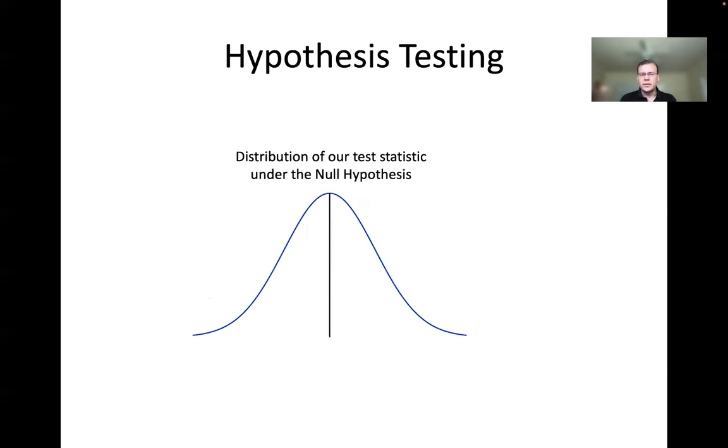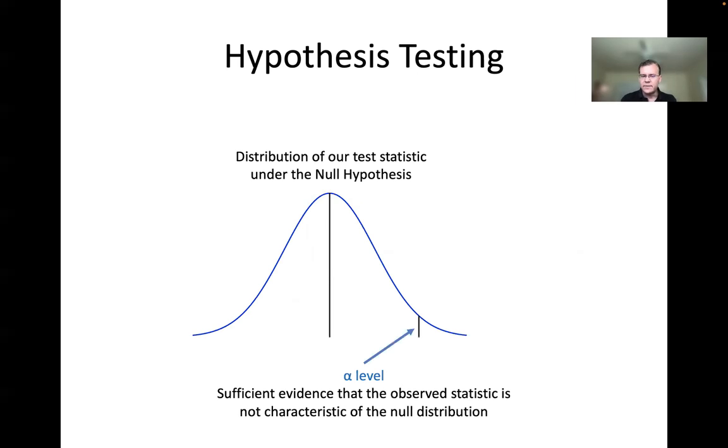So when we're thinking about hypothesis testing, we can imagine a distribution of our test statistic under the null hypothesis. The next thing that we need to do is define this evidence that we're going to use to reject the null hypothesis.